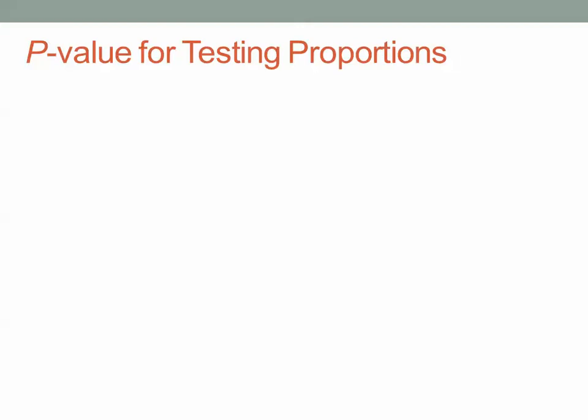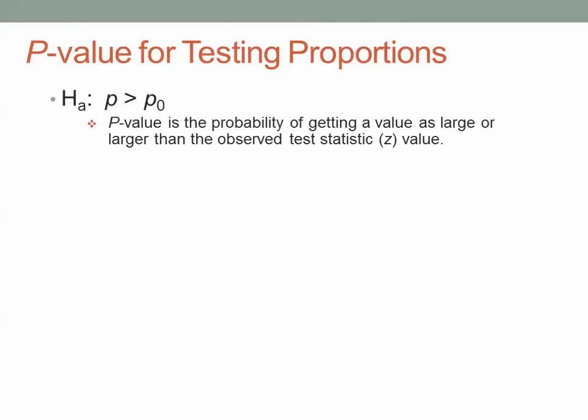So the p-value, and don't get messed up when you're doing population proportion between the p-value and p being the population proportion. The p-value is the probability of getting a value as extreme or more extreme than what you got.